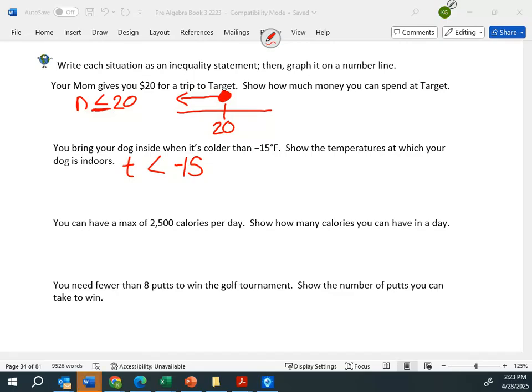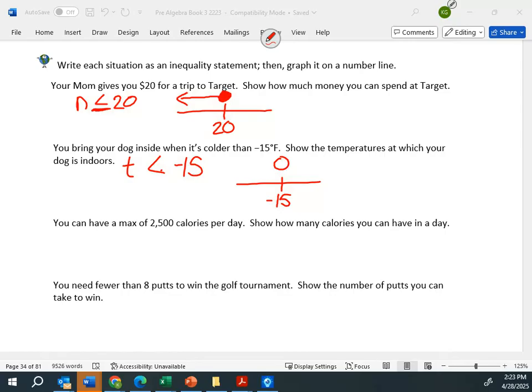Now I need to do my graph. So first step of the graph is to do the number line. My number is -15. Second step, do your circle. Is it open or closed? If it cannot be -15, it is open. I do not see an equal sign under there, so I'm going to leave my circle open.